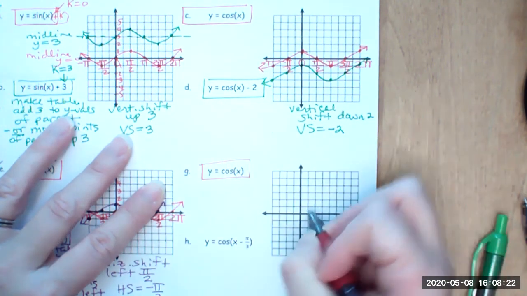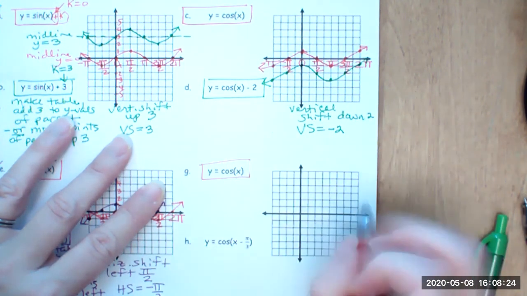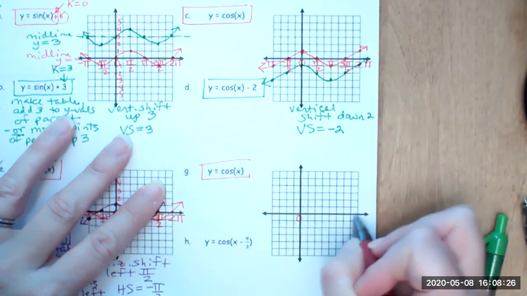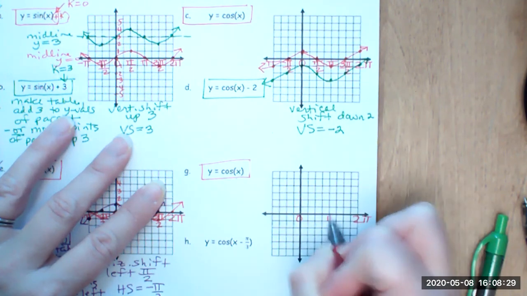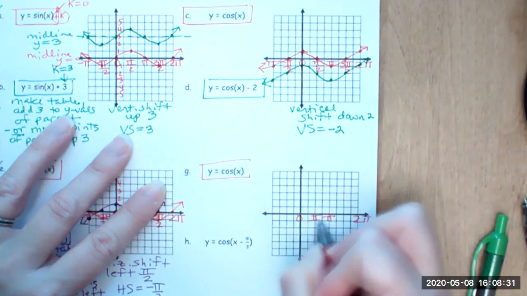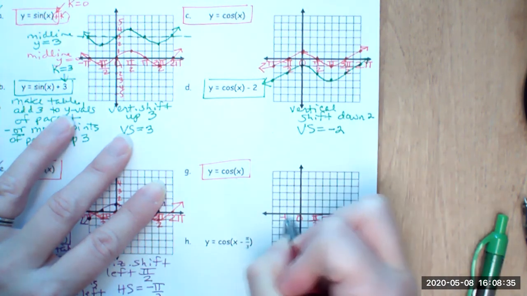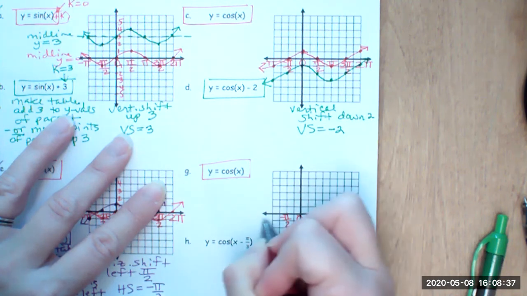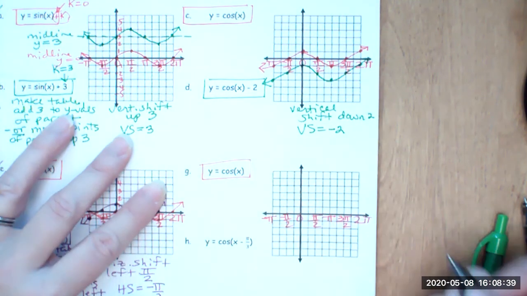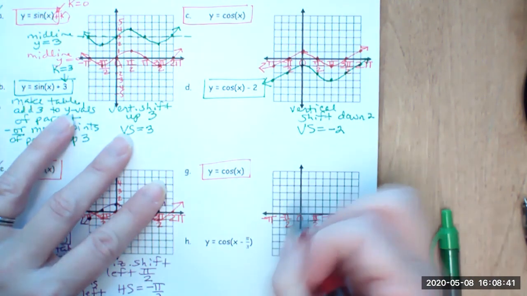And literally, I can just do the copying here, right? So I've got 0 to pi, pi over 2, 3 pi over 2, negative pi over 2, and negative pi. Okay? And so here are my points.